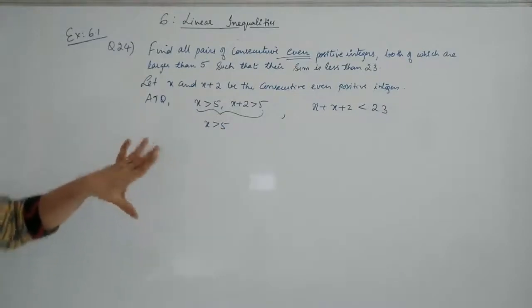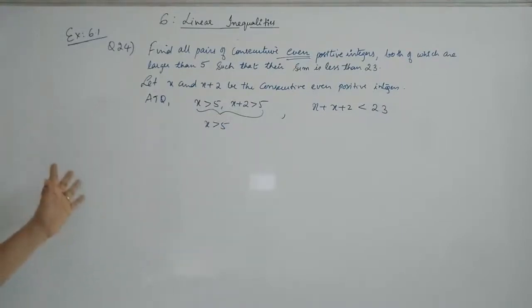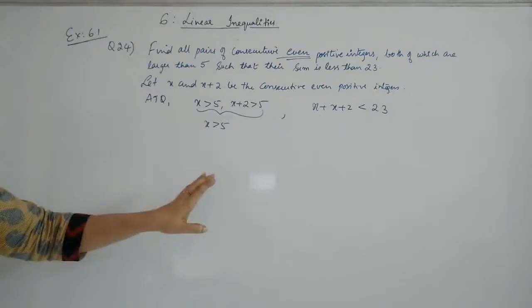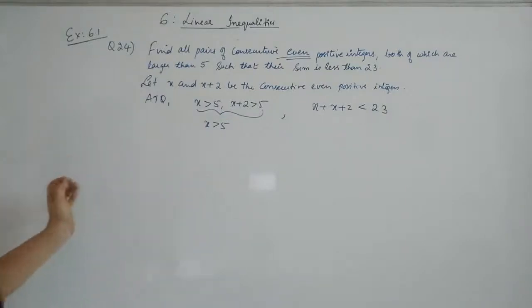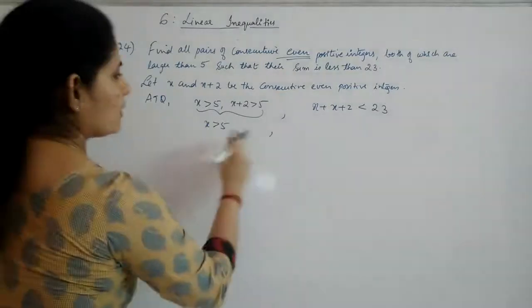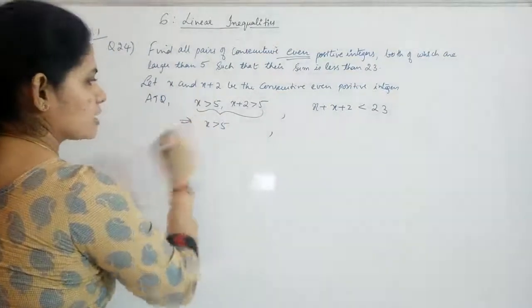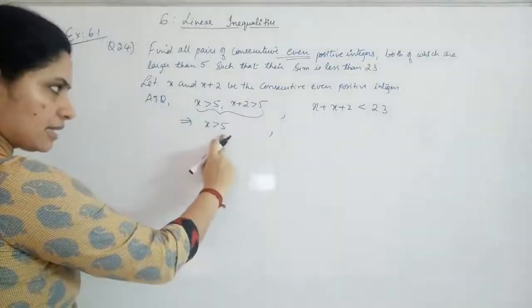Now it was in the opposite direction, that is less than. At that time we took the larger number to be less than, so that the smaller number will automatically follow the same inequality. So both of these give you x is greater than 5 only.